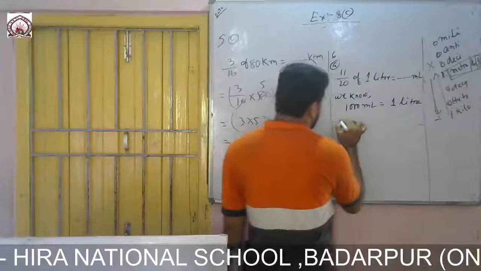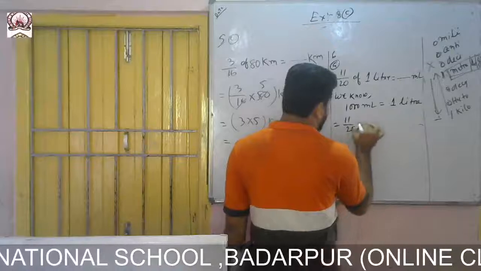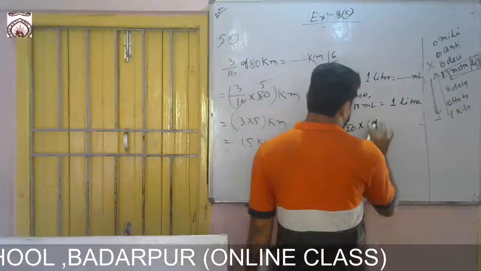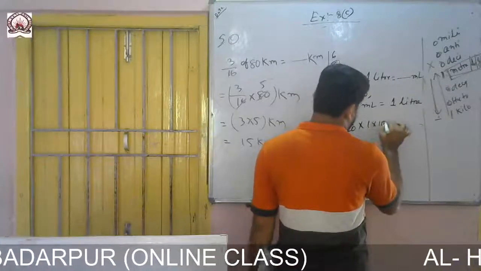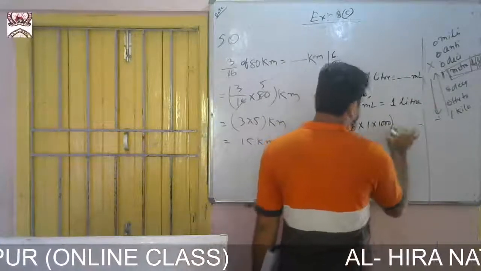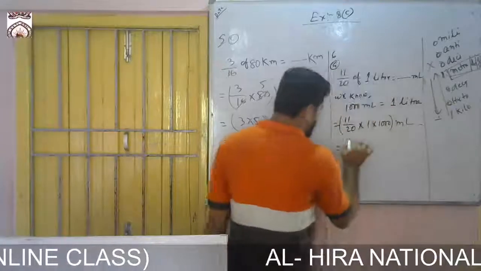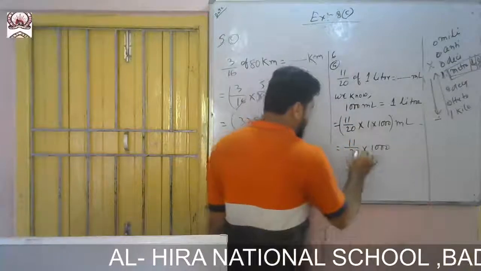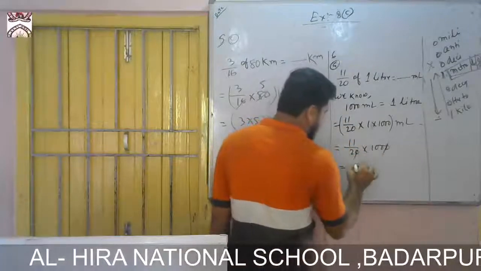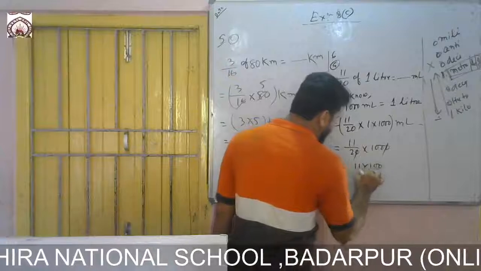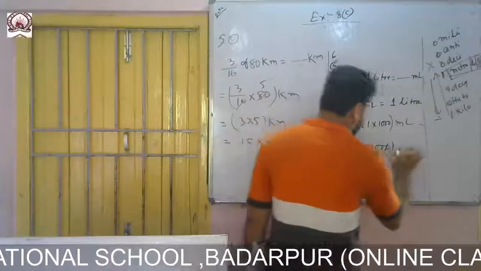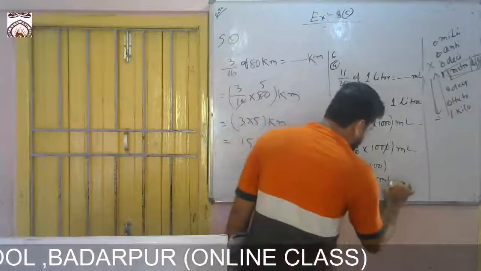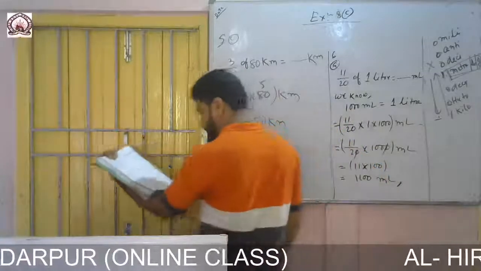So therefore 11 by 20 into 1 into 1000 milliliter. 11 by 20 into 1000. So 10 cancel, remain 11 into 100 milliliter. So 1100 milliliters.